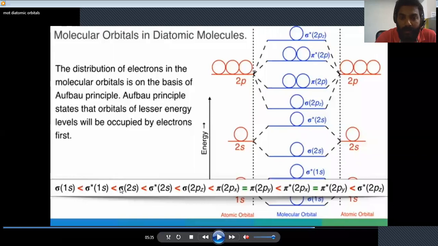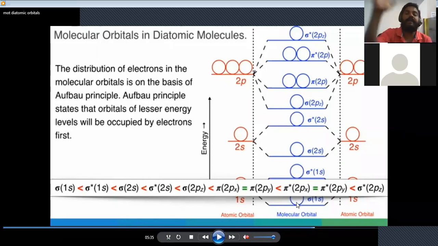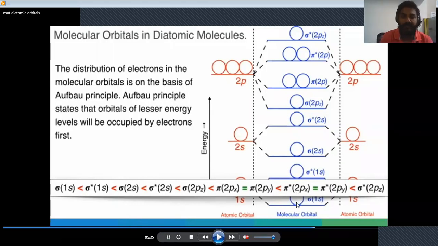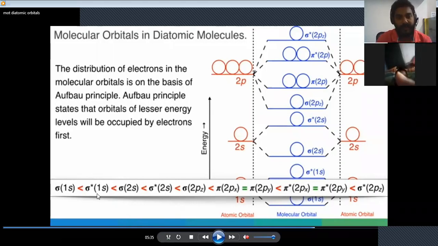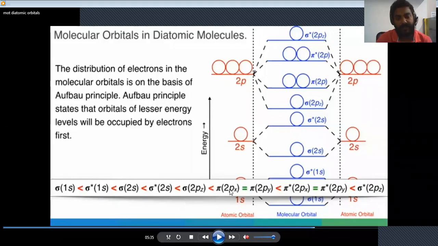Yes, this is the bond order of molecular orbital theory. We can apply it like this. Do you know the Aufbau principle states that orbitals of lower energy levels will be occupied by electrons first. Lower energy is filled first, then higher energy. σ1s is filled first, then the next, and so on.